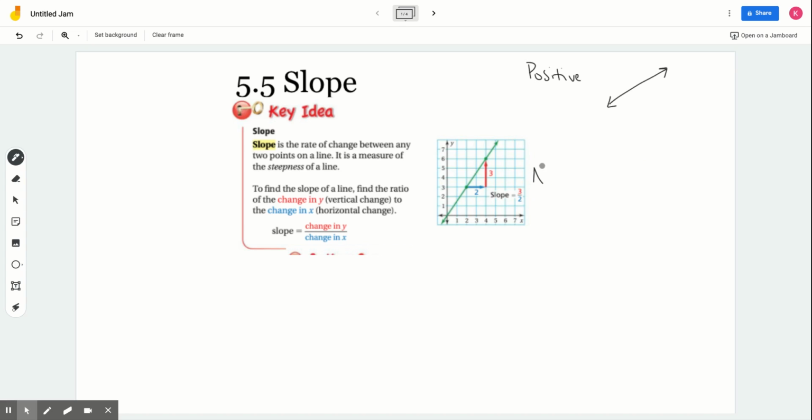When we're talking about a negative slope, the line moves in the downward direction from left to right. We can also call the change in y the rise and the change in x the run, how much we go up and down and how much we go left and right.